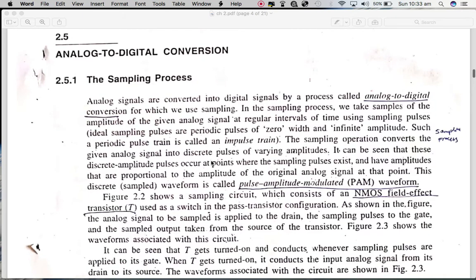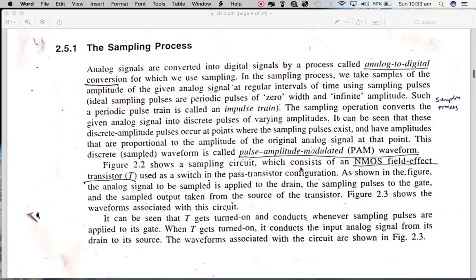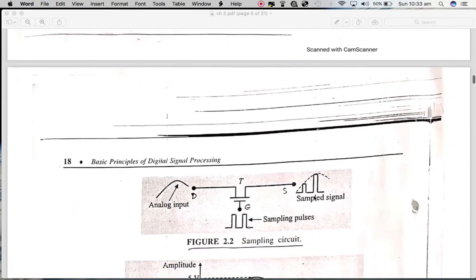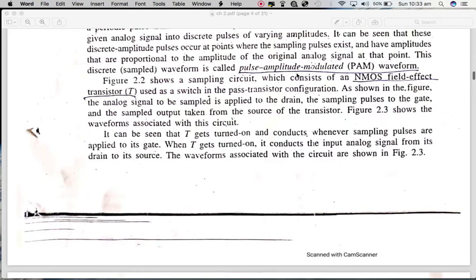So sampling is a process in which we make use of an impulse train, and we get output in the form of a sampled version of the analog signal applied at the input. The signal coming at the output is called a pulse amplitude modulated signal.